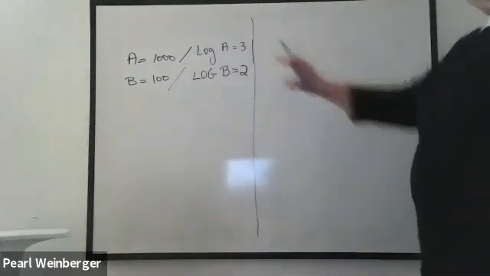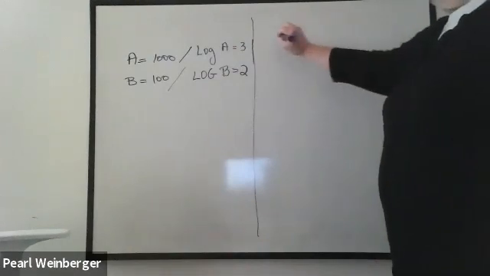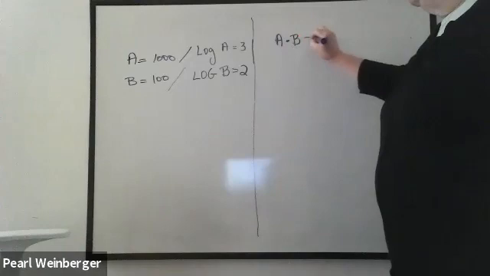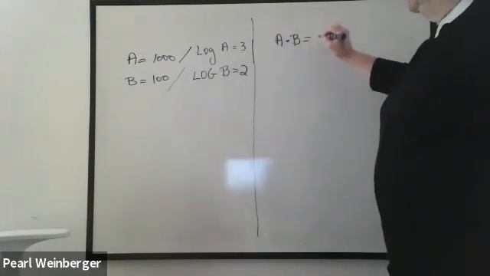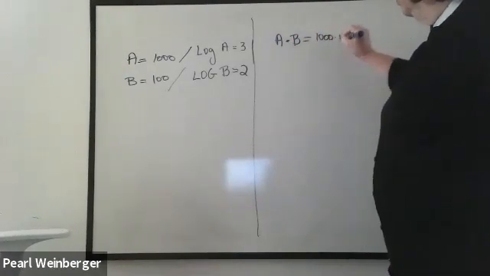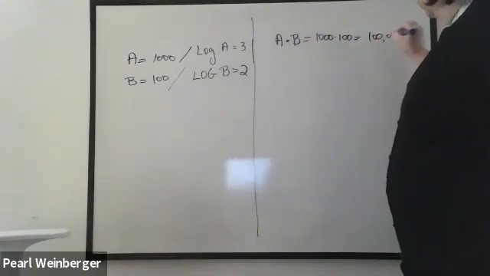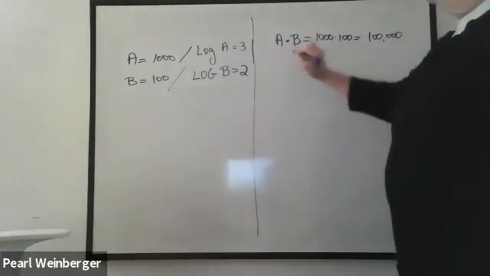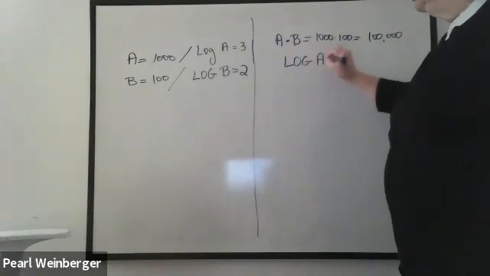Okay, now I'm going to do a few things with these numbers A and B. The first thing I want to do is multiply A times B. Obviously, when I multiply A times B, I'm going to get 1,000 times 100, which is going to be 100,000. So I want to ask you, what is the log of A times B? Let's just write it AB.